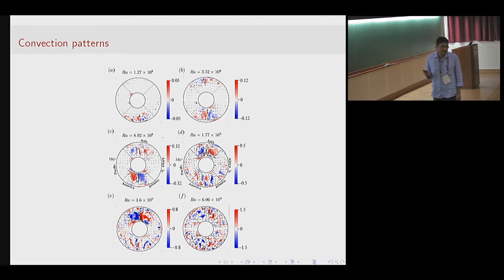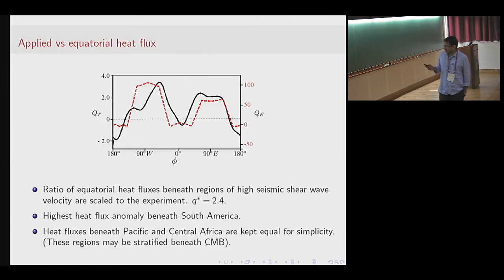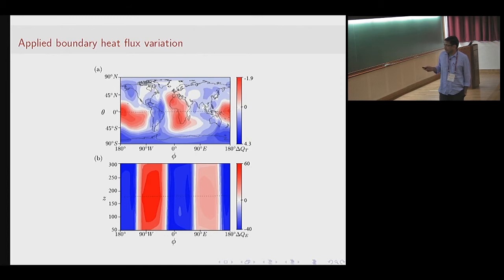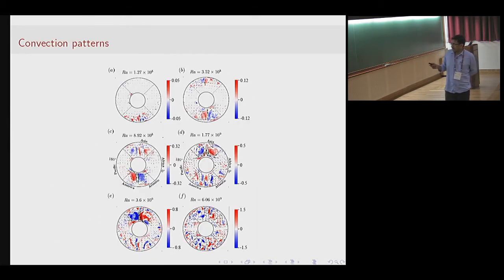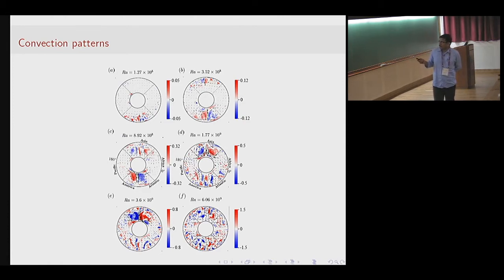Now, these are the convection patterns that we got by doing this experiment over a series of Rayleigh numbers. You can see that convection first sets in beneath Canada, and the reason for that is the Canadian heat flux is the largest. It provides the largest temperature difference between the inner and the outer boundary. The convection first sets in there, and convection gets stronger there, and at some point beneath Siberia also convection starts.